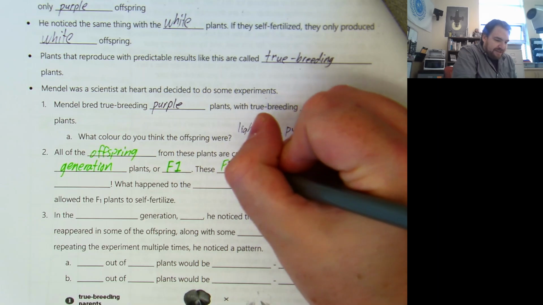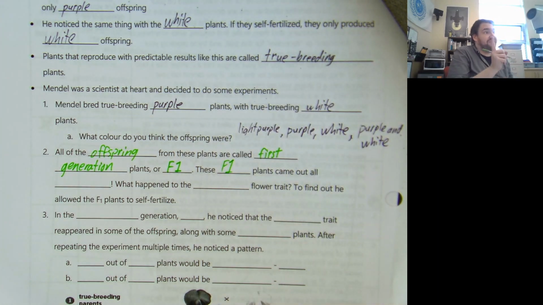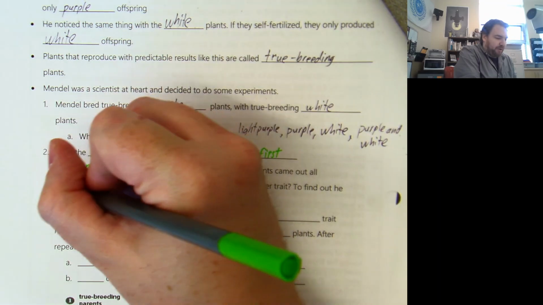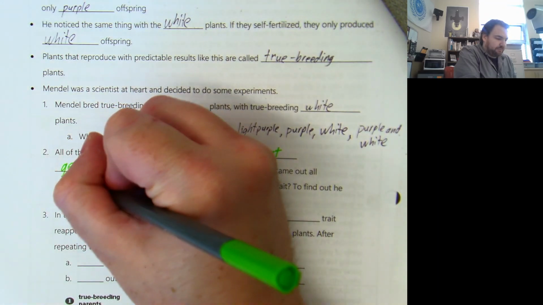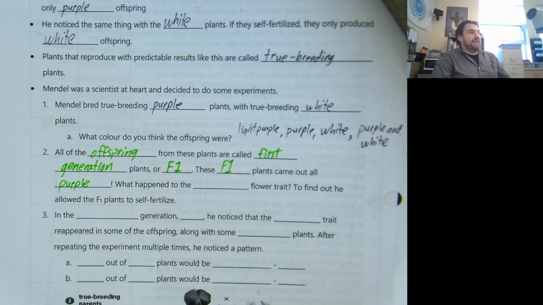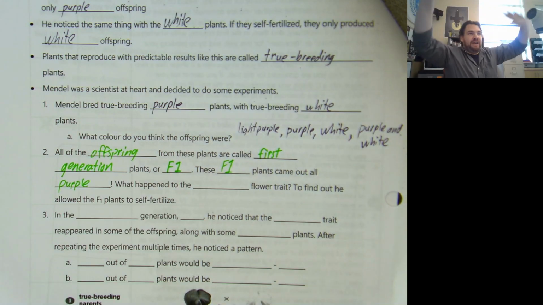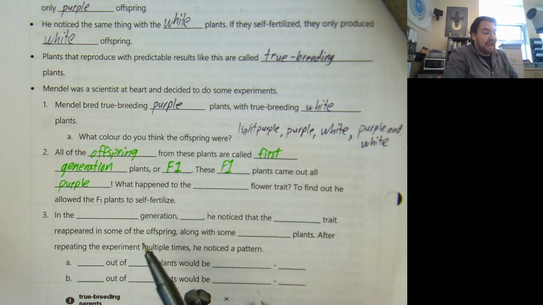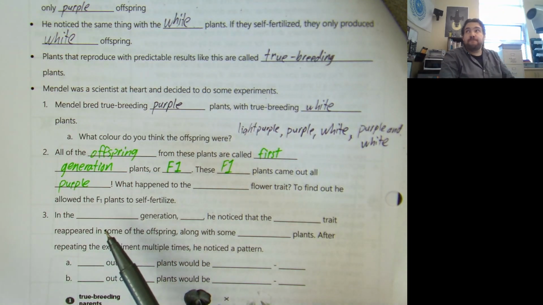These F1 plants, interestingly, came out all purple. So they got white and they got purple code from biological mom plant, biological dad plant. Those were allowed to mix, and the results were that everything came out purple, which is weird.